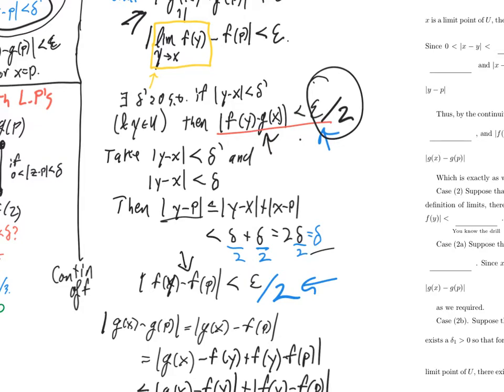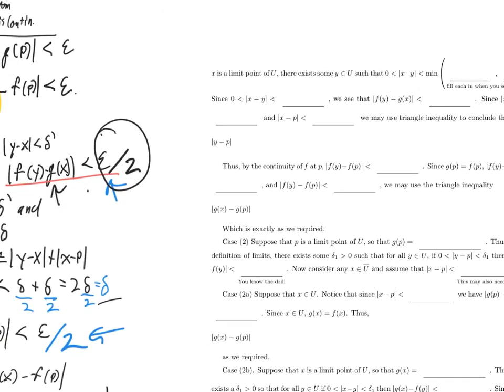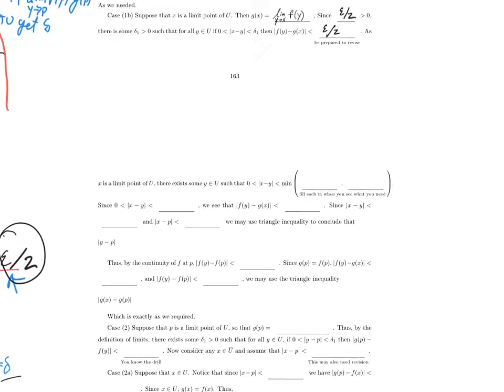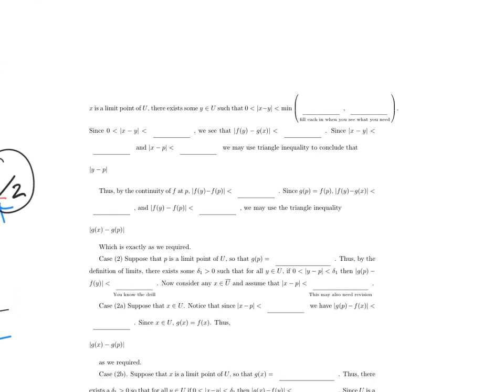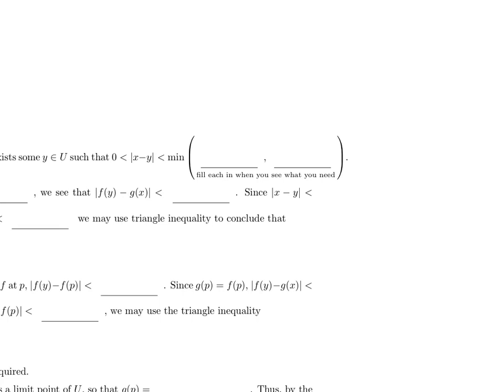So let's just state that choice of y. It's not part of the conclusion, but apparently it's part of the proof. Because x is the limit point of U, there exists some y in U such that simultaneously the absolute value of x minus y is less than delta over 2 and less than delta 1.